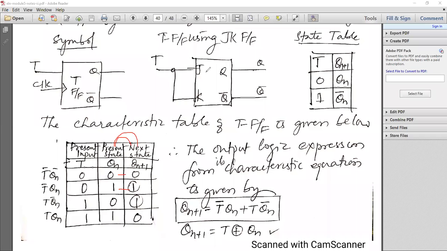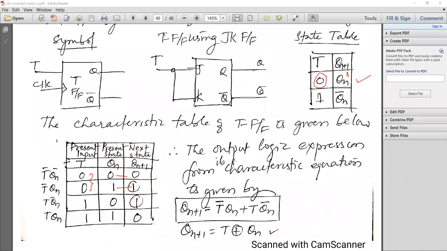So your J and K are tied together here. So what is the difference we are getting? Your Qn plus 1 is equal to your Qn for T equal to 0. For these two inputs, that is for T equal to 0, these two are the same, 0, 0 and 1, 1. Yes, so this line is satisfied.